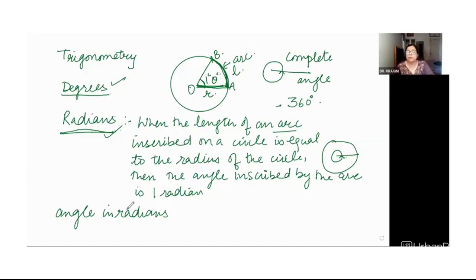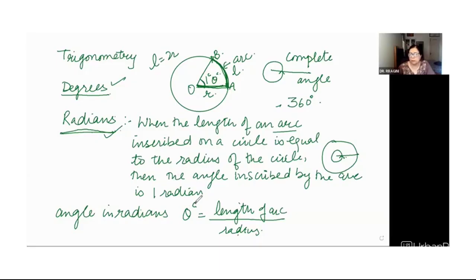So what if the length of arc is twice the radius? Then the angle in radians, theta in radians, is equal to length of arc upon radius. Like if I asked you, what happens if the length of arc is twice? So 2r, what is L now? L is twice the radius. So 2r upon r becomes 2. In that case, the angle becomes 2 radians.